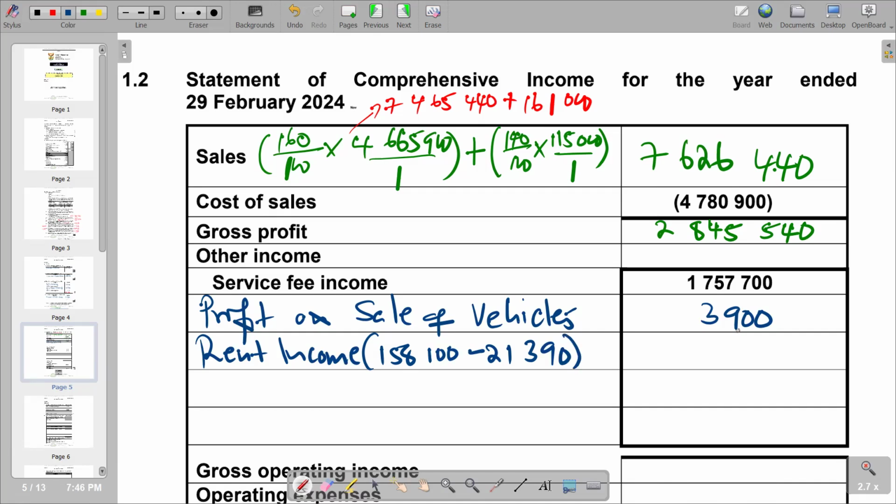And then the answer after we have subtracted, we can just use our calculators. You get 136,710. So that's what we have on that part of our rent income. So we'll move on to check the other income that we have in the question.